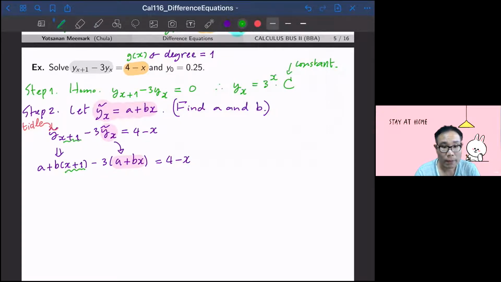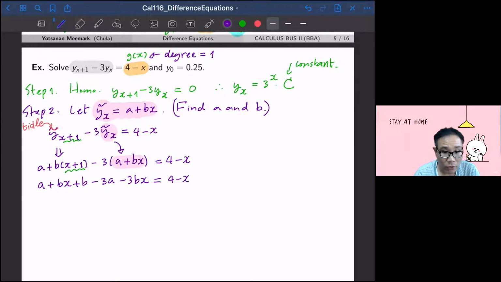I hope that helps you see this clearer. And you're gonna simplify and expand. So you have a plus bx plus b minus 3a minus 3bx equal to 4 minus x.